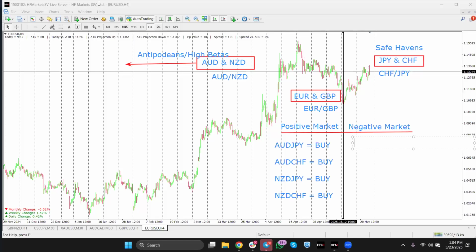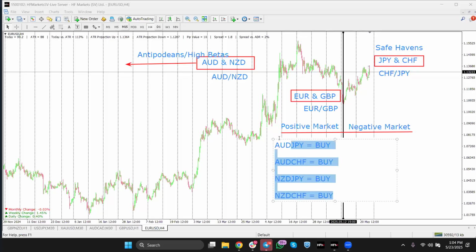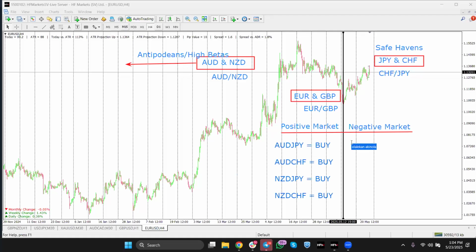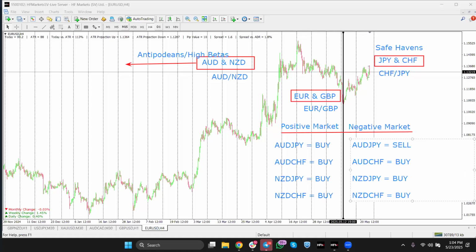Let me just copy this one and just reverse it. Copy and then reverse. All right, and we just change all of this to sell. We change this as well to sell. We change this as well to sell.